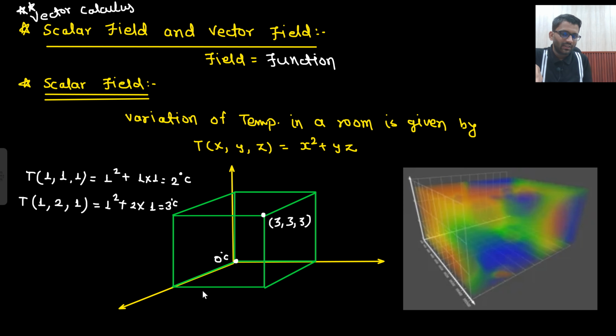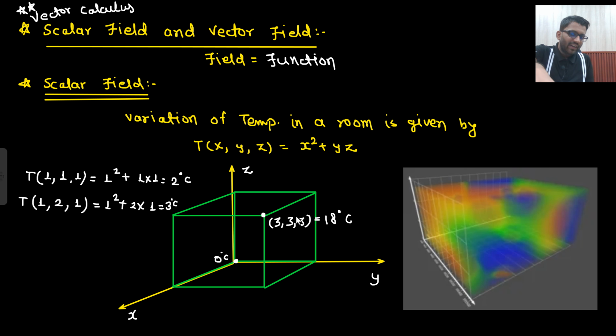X coordinate is 3, y coordinate is 3 and z coordinate is also 3. Then what will be the temperature? 3 squared plus 3 into 3, 9 plus 9, 18. So here the temperature will be 18 degrees Celsius.